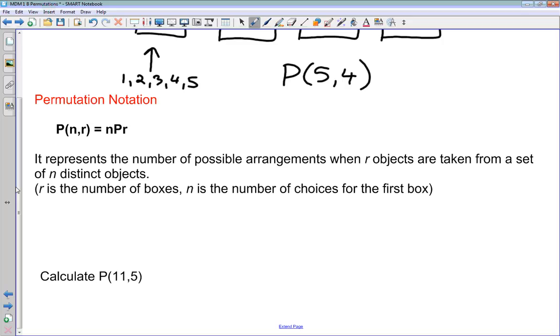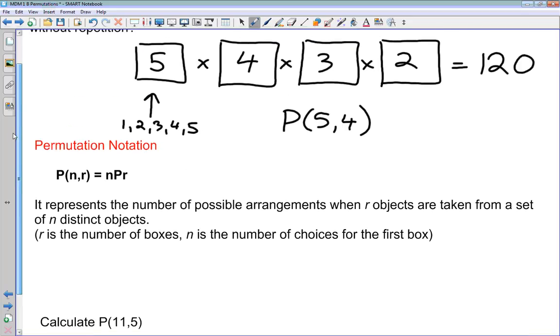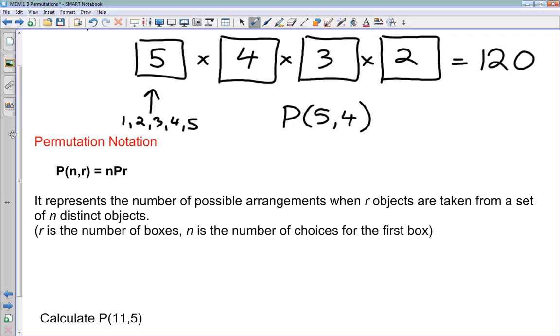Now, what we end up with when we do a permutation is this pattern of the first number times a number 1 smaller, then a number 1 smaller than that, and so on.